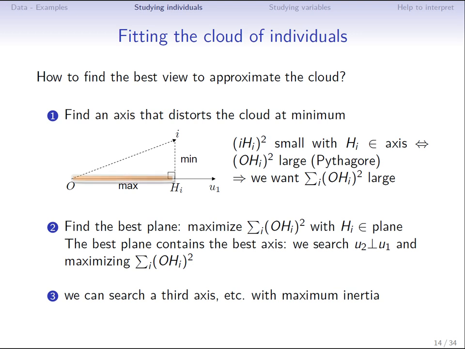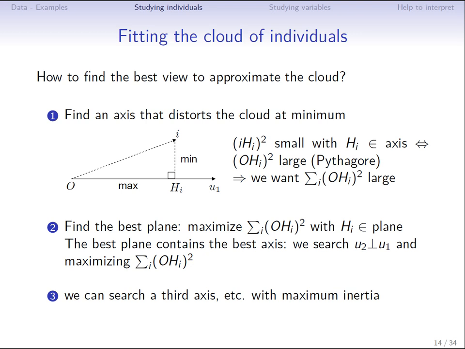So we want OH_i squared to be as large as possible. Since OH_i squared should be large for all the individuals, I want the sum of all the OH_i squared to be as large as possible. And the sum of all the OH_i squared is the dispersion of the projected points. And I want these projected points to be as dispersed as possible. This is the way to find the first dimension.